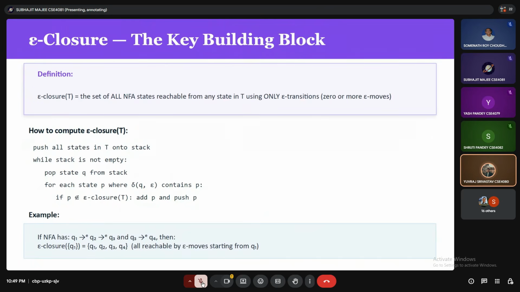To compute this, we can use a simple stack-based approach: we push our starting states onto a stack, pop them off one by one, and follow any epsilon transitions. If we find a new state, we add it to our closure set and push it onto the stack to check its neighbors.